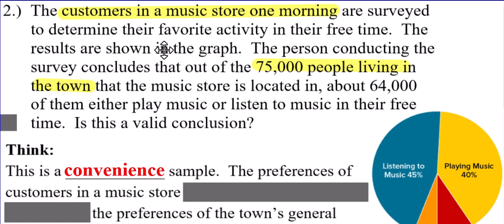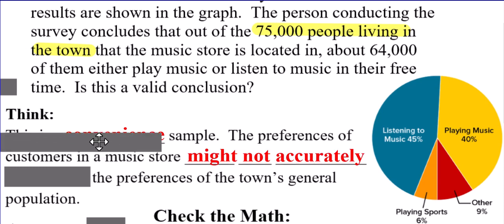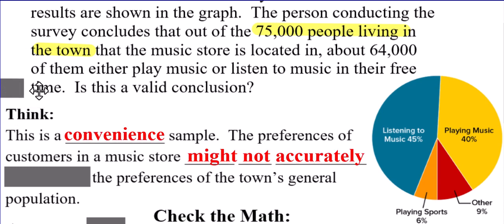It's convenient to do the survey only at one place and only at one specific time in the morning. But that's not going to necessarily represent the general population of this town. So let's fill in these blanks. The preferences of customers in a music store might not accurately represent the preferences of the town's general population.